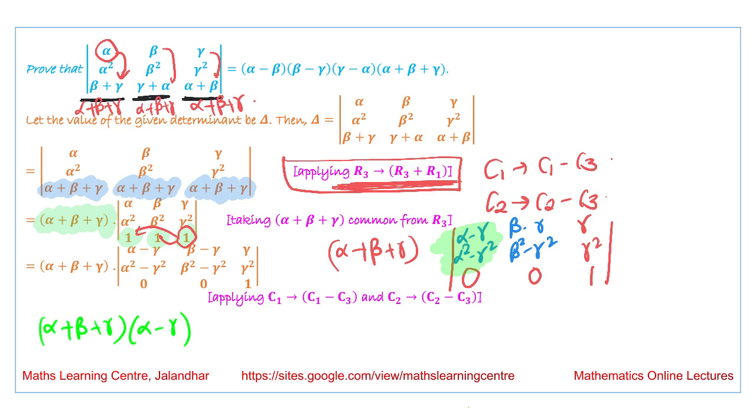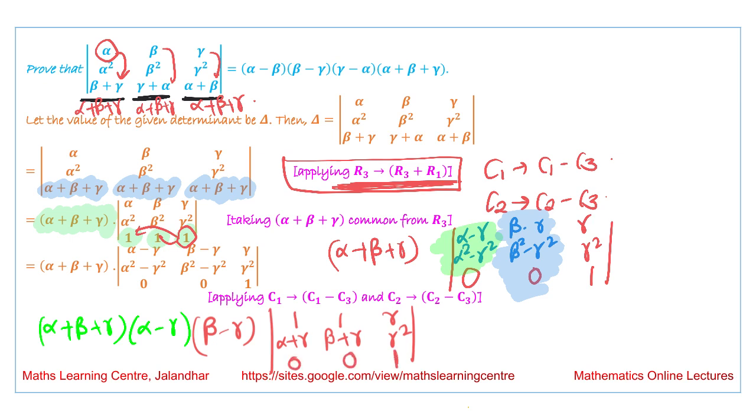So we are having alpha plus beta plus gamma into alpha minus gamma. From the next two terms, it is beta minus gamma, beta square minus gamma square. We can write beta minus gamma common. So what we are left with is 1, 1, gamma. It is alpha plus gamma, beta plus gamma and gamma square. And these values we have, it is 0, 0 and 1.